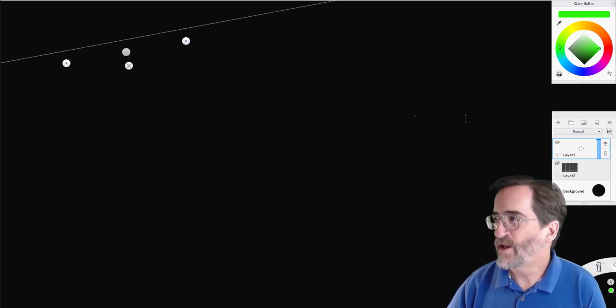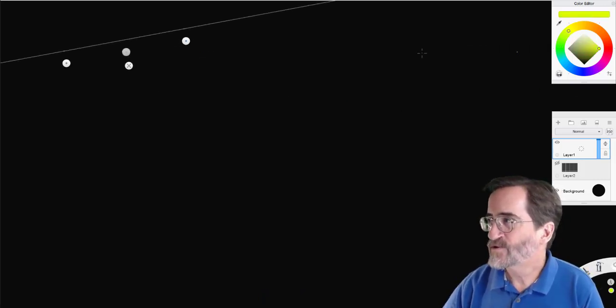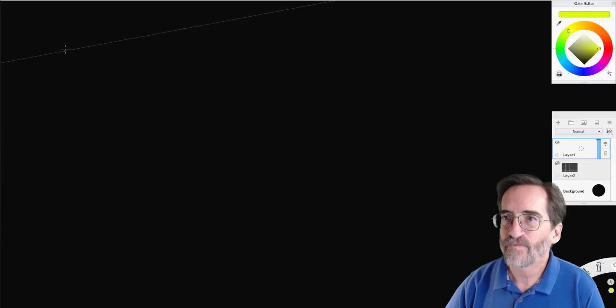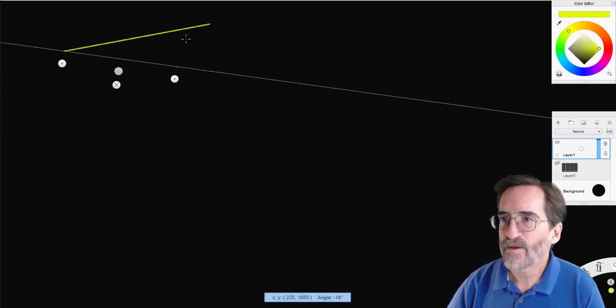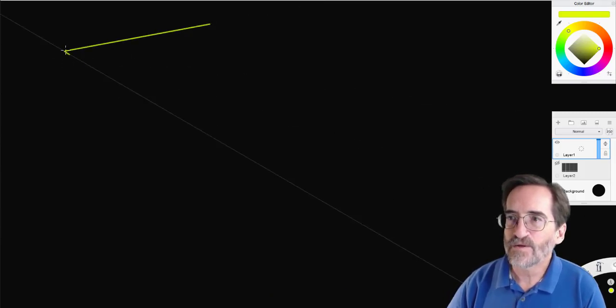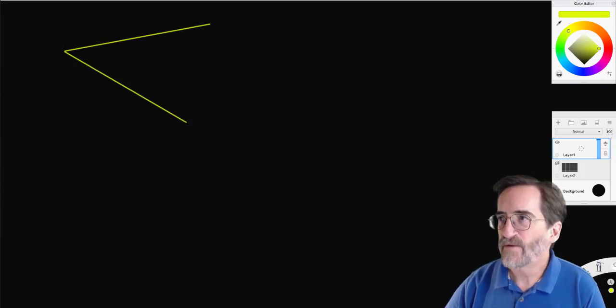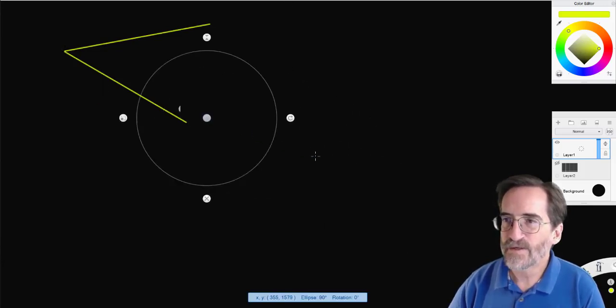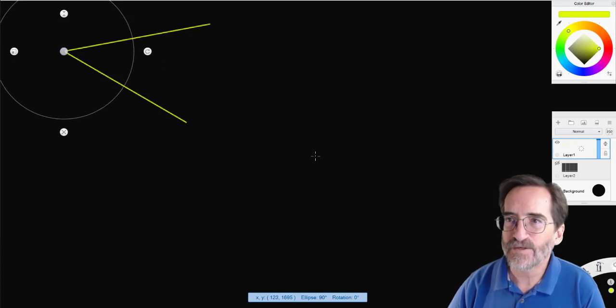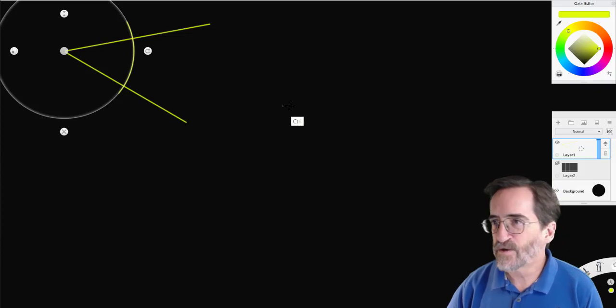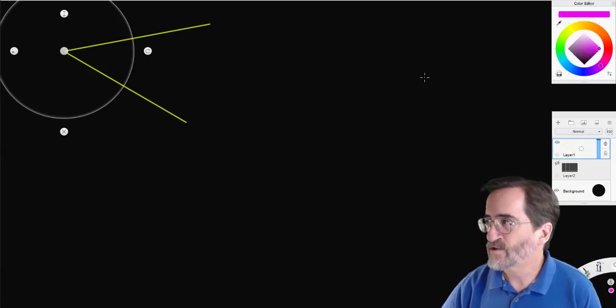So if you start with an angle, you can construct its bisector, angle bisector, by placing the compass point at the vertex of the angle, that's the corner, common starting point, and drawing a circular arc that crosses both legs of the angle.